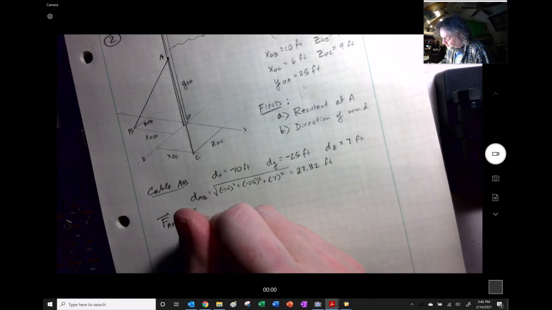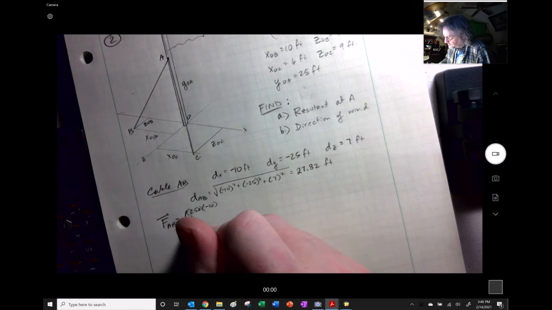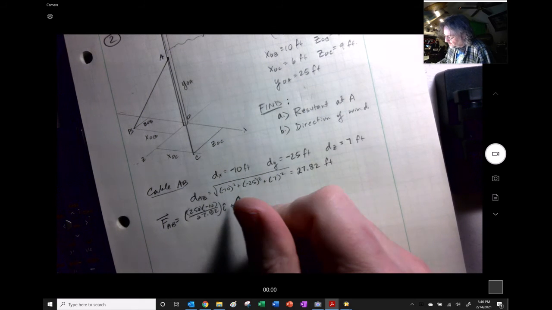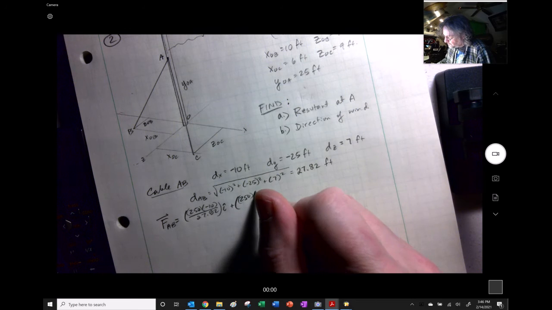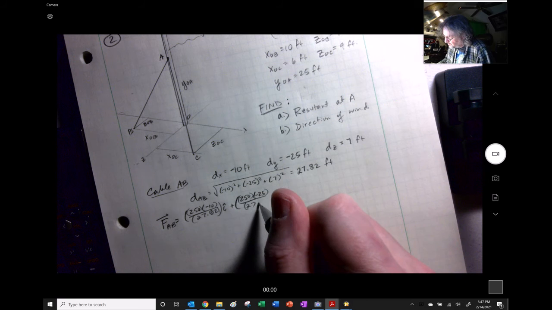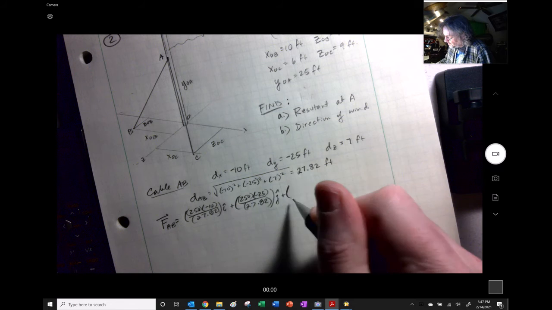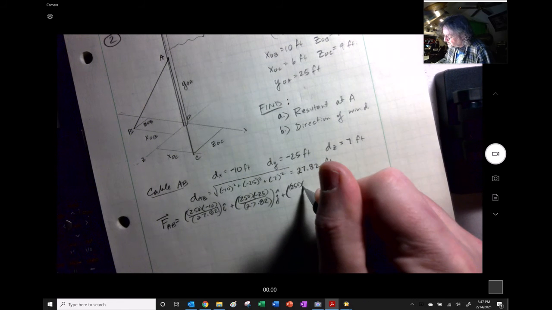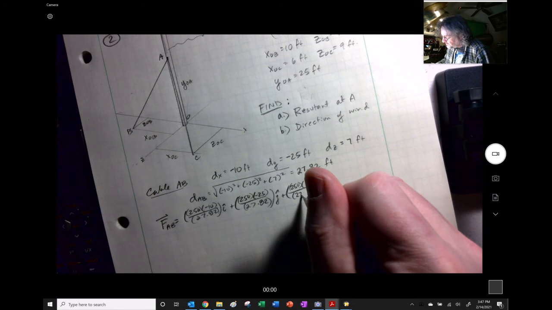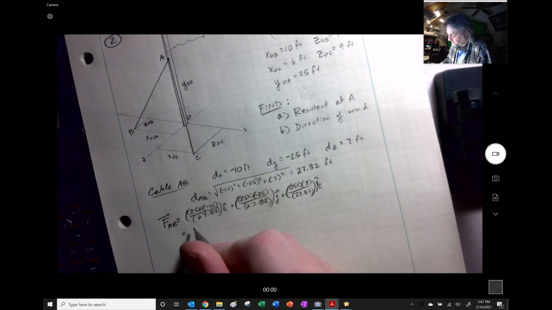So the force in cable AB, F_AB, is going to be equal to 250 times negative 10 divided by 27.82 i, and then 250 times negative 25 divided by 27.82 j, and then 250 times 7 divided by 27.82 k. Can I get it to fit over there? I don't think so.